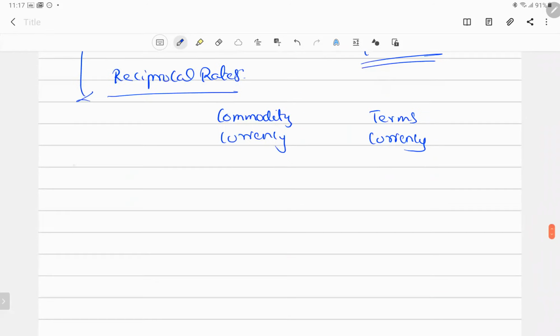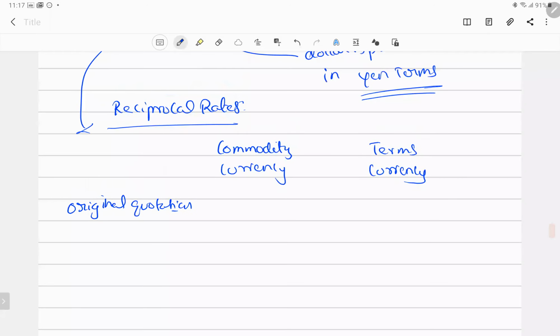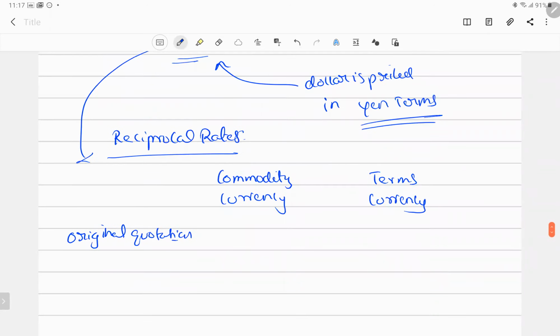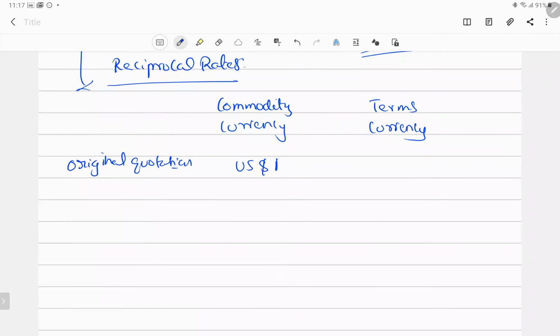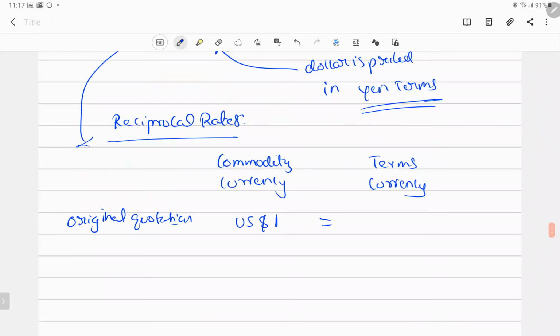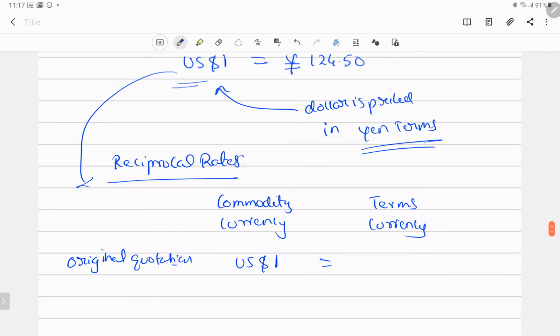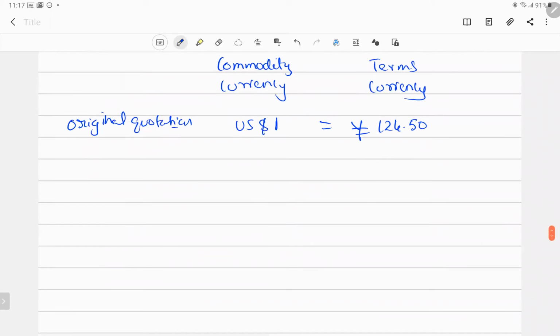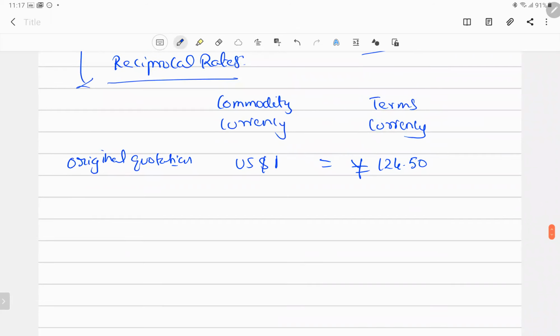So I write the original quotation given in your exchange market. So they are given US dollar. Okay, US $1 is being priced in terms of your yen, which is 124.50.